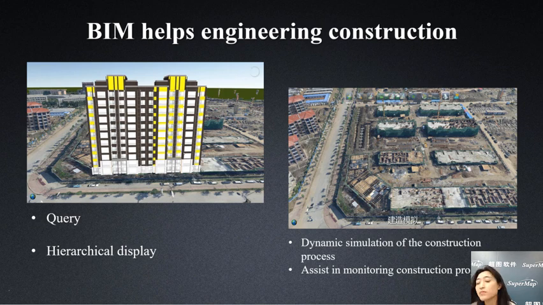And in the real space, there will be some contradictions in space. For example, some buildings affect the skyline of the city, or some buildings affect the visible range of another building. At this time, it is necessary to construct a digital rule library through digital translation in accordance with the control regulations of urban planning.